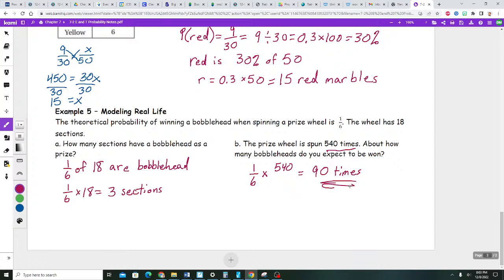So you're going to expect to need at least 90 bobbleheads this way. This is just a thought for how to use theoretical probability in a meaningful way.